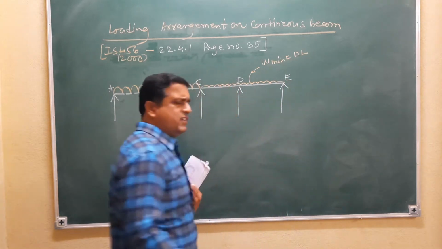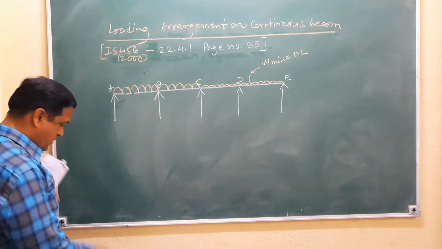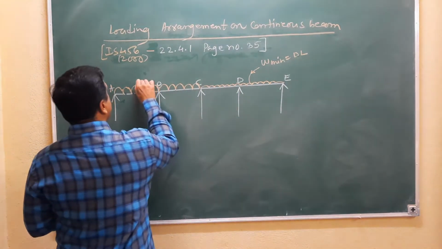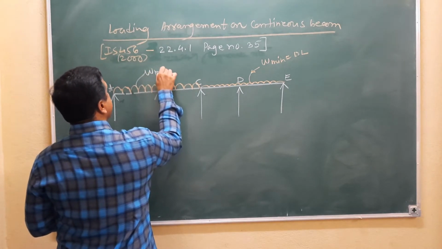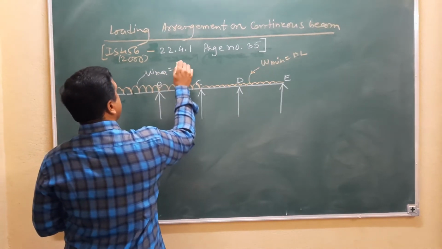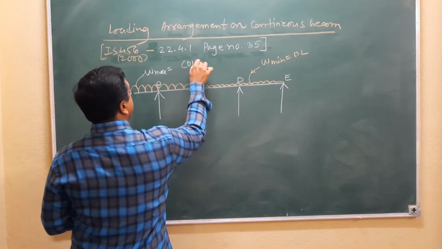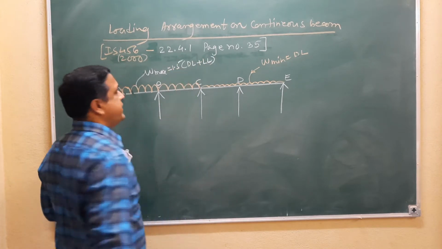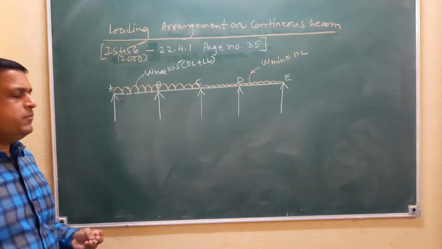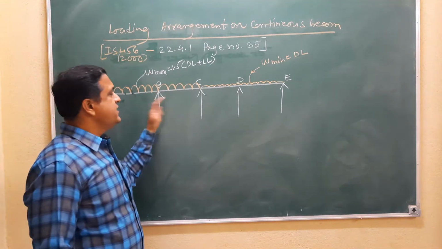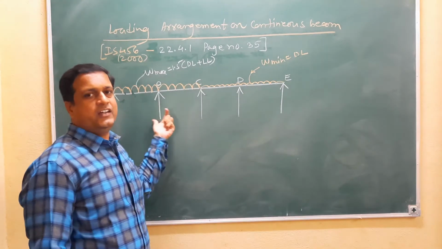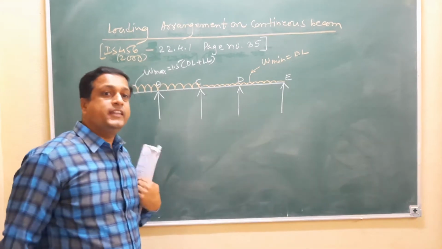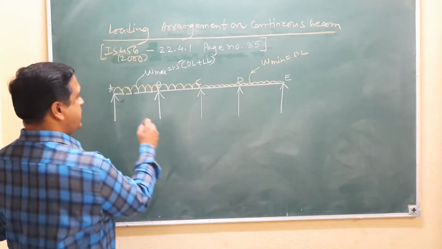W minimum means only dead load, and W maximum means you have to consider dead load plus live load with factor. That means the maximum load is applied on adjacent spans.